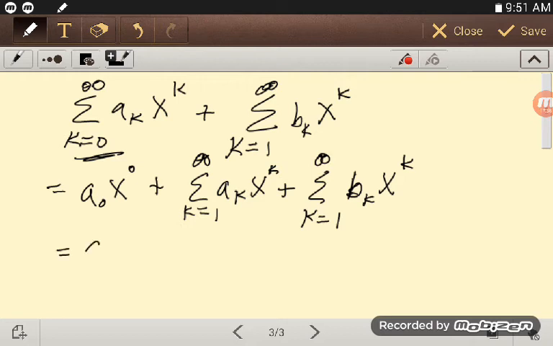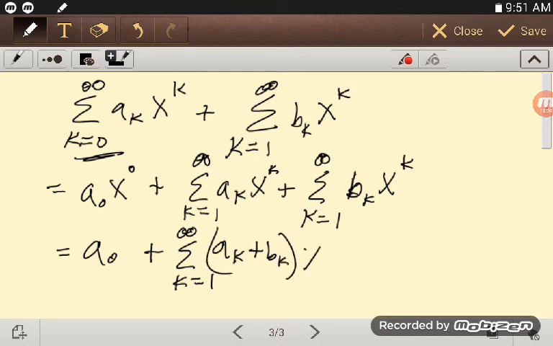And so this is a0 plus the sum k equals 1 to infinity of a sub k plus b sub k, all times x to the k. So if the indices don't start at the same place like these didn't, we'll just knock off the first few of whichever one has the lower indices, and then go from there.